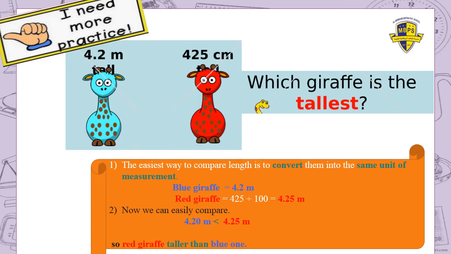Now the lengths we have are 4.20 meters and 4.25 meters, both in meters. So we just have to compare the numbers now. Which one is taller, 4.20, the blue one, or 4.25? 4.25, good, taller than the blue one.